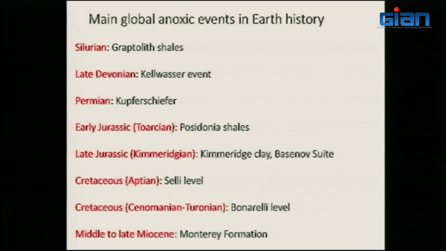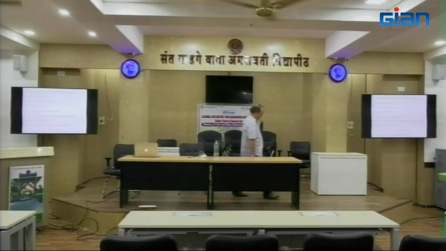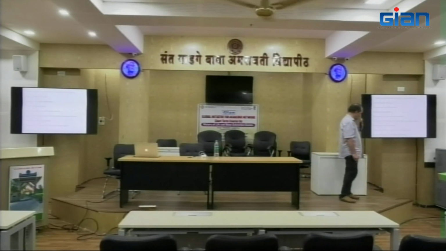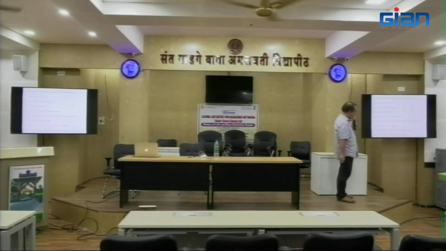And we have the Cretaceous ones. In the Cretaceous we have quite a lot of these anoxic events, for example here, and also in the Cenomanian-Turonian. And we have maybe a last accumulation, maybe the only one, which is Tertiary, which led to some oil accumulation also. This is the Miocene Monterey Formation in California.